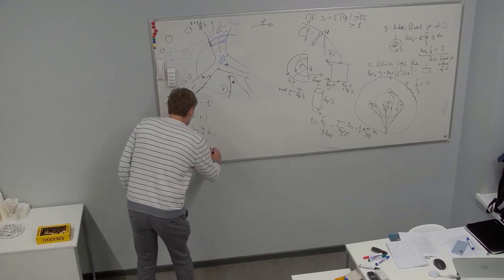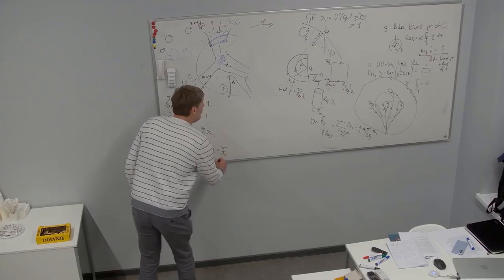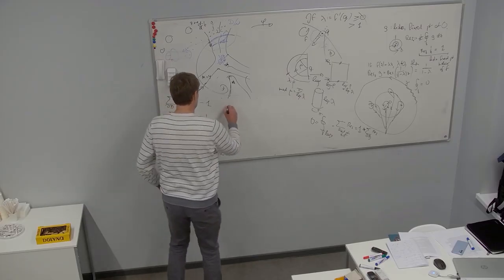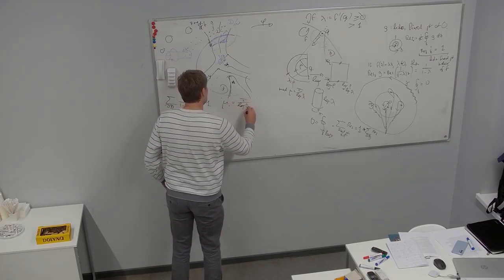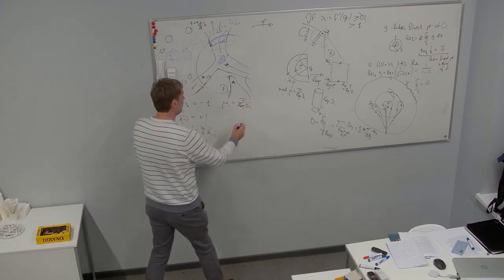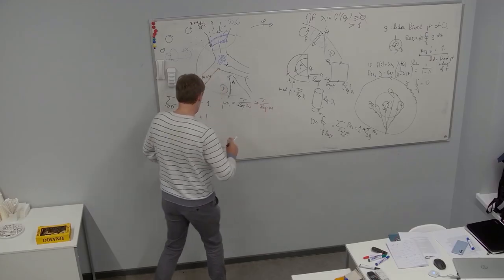That means mu I, which is pi over log lambda I. Lambda I is less than m, so this is bigger than pi over log m.